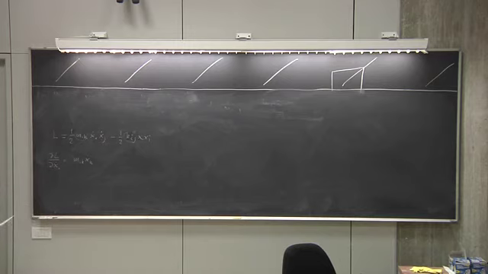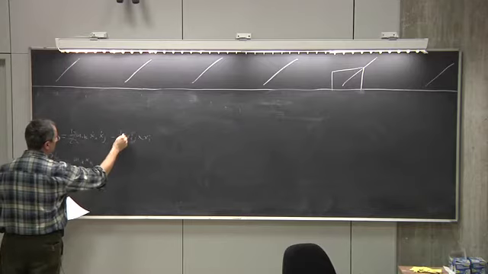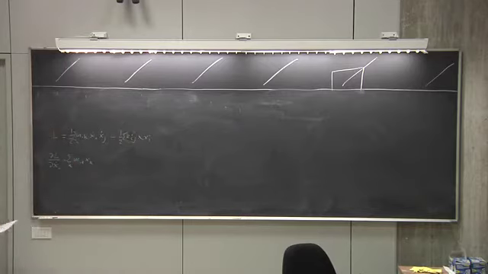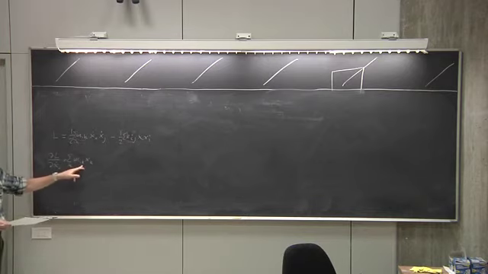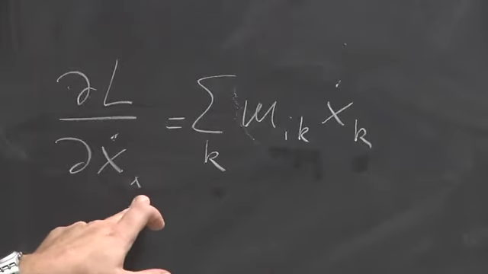Remember the Einstein convention, so maybe I should write here a sum over k. Remember that if you repeat indices, we agree that means that I'm summing over those indices, okay? So if I write this, it means that I'm summing over k, and I still have a free index, and that matches this one.